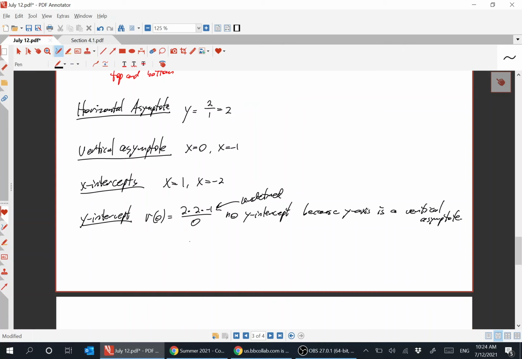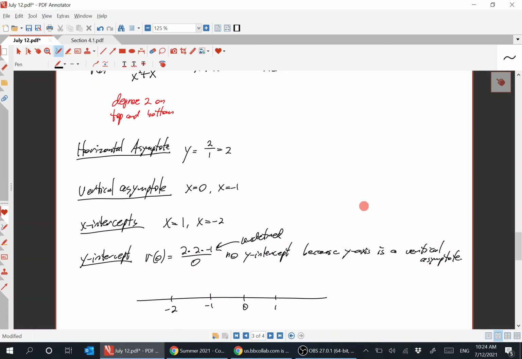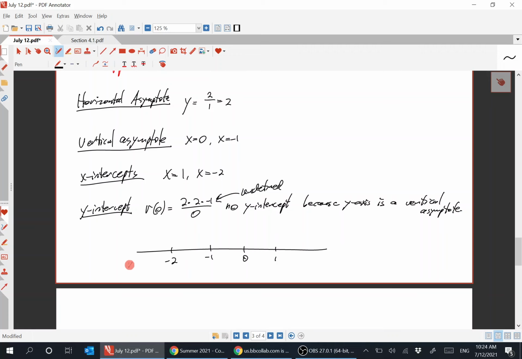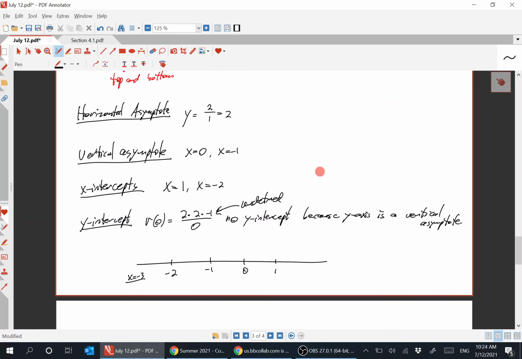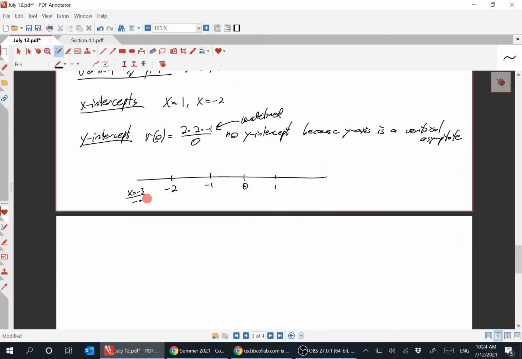So no y-intercept. Now we want to look at positive and negative properties. Put your vertical asymptotes and your x-intercepts on the number line: negative 1, 0, 1, and negative 2. If you test points here, so x equal to negative 3, these factors are negative, negative, negative, and negative, so the whole thing is positive.